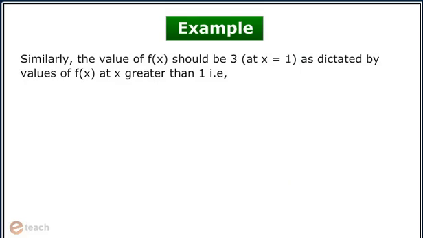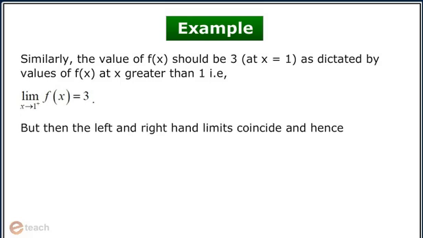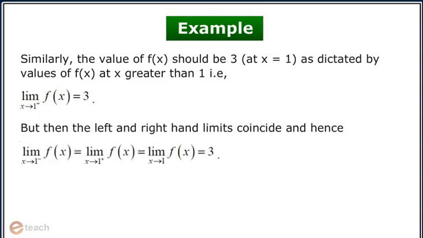That is, the limit as x tends to 1 plus of f(x) equals 3. But then the left and the right hand limits coincide, and hence the limit as x tends to 1 of f(x) equals 3.